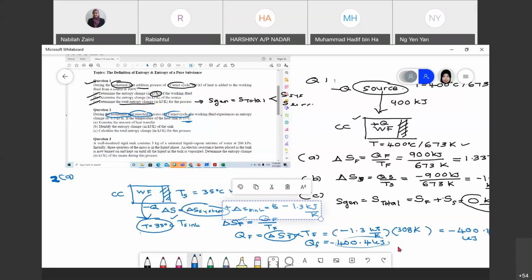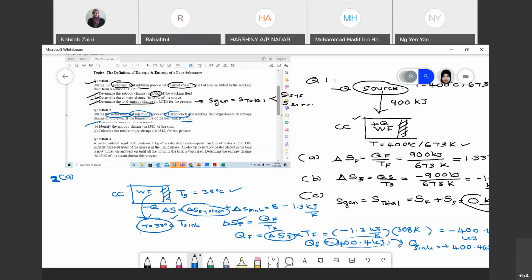Then we can estimate the value of Q at the sink. Q sink is positive 400.4 kilojoule because it is receiving heat from the working fluid. Only the direction is different, and it is represented by a different sign. Is that clear? This is the answer for A.